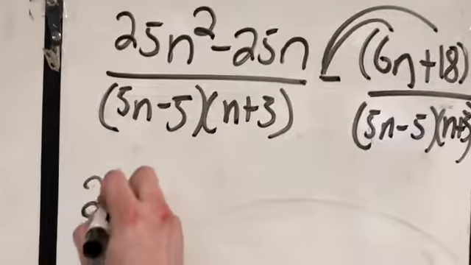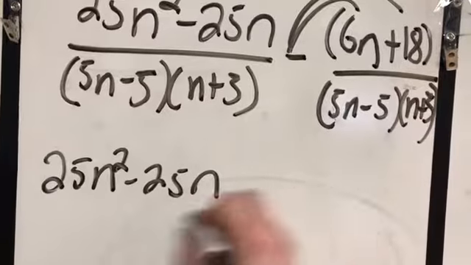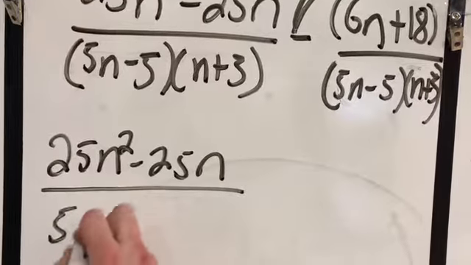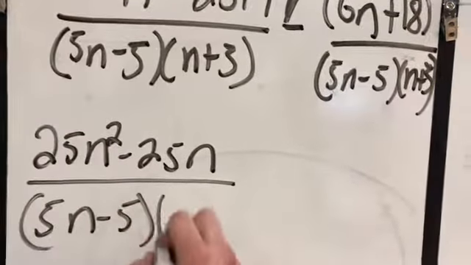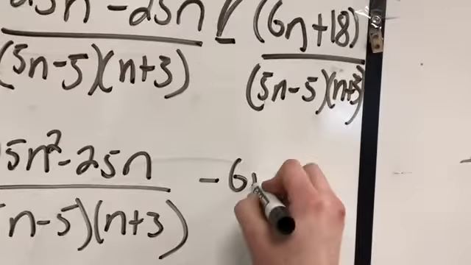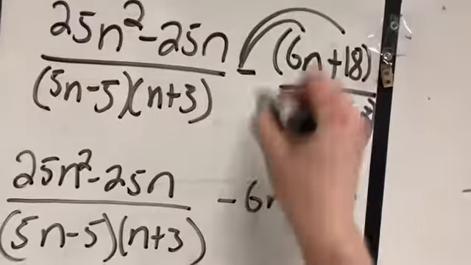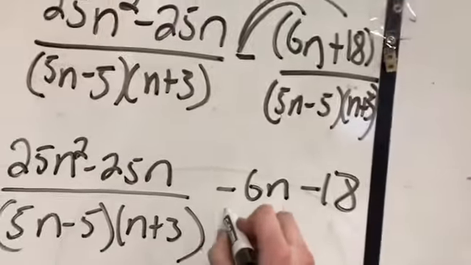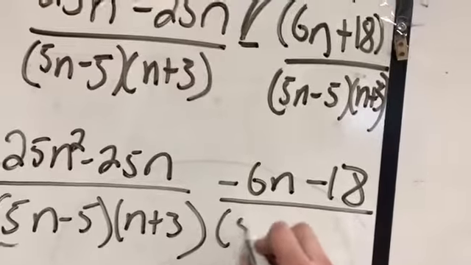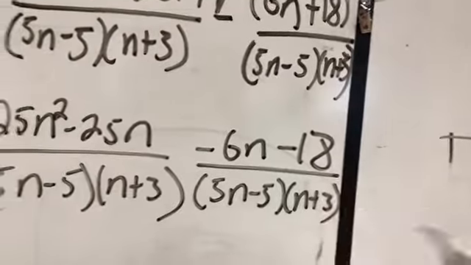So let's go ahead and show that work. So we're going to end up with negative 6n up there and negative 18. Negative times 6n, negative times 18, which is still over the 5n minus 5 and the n plus 3.